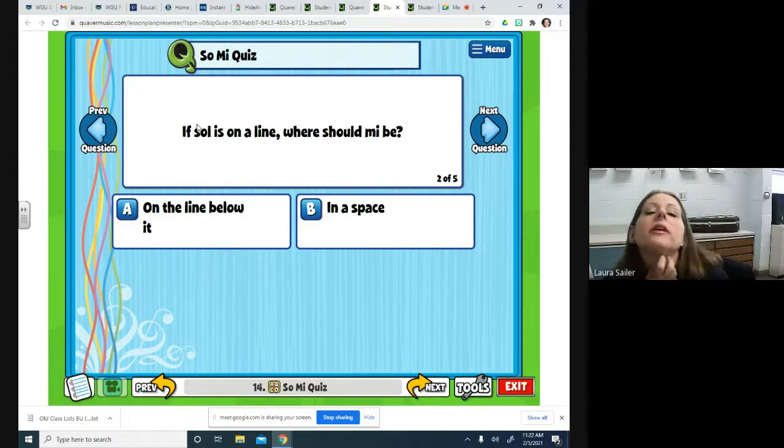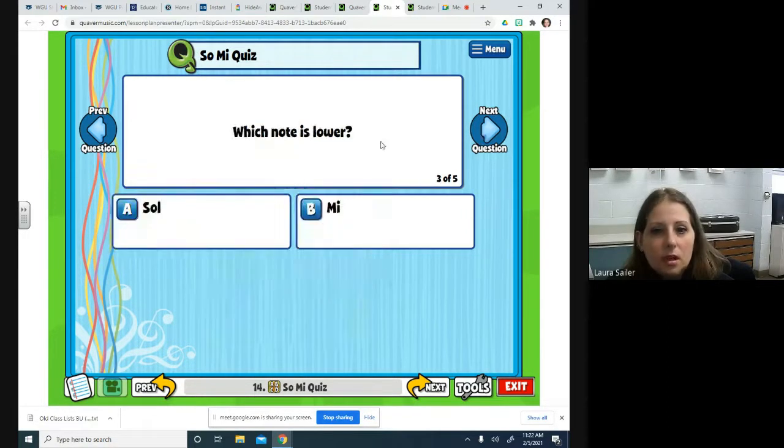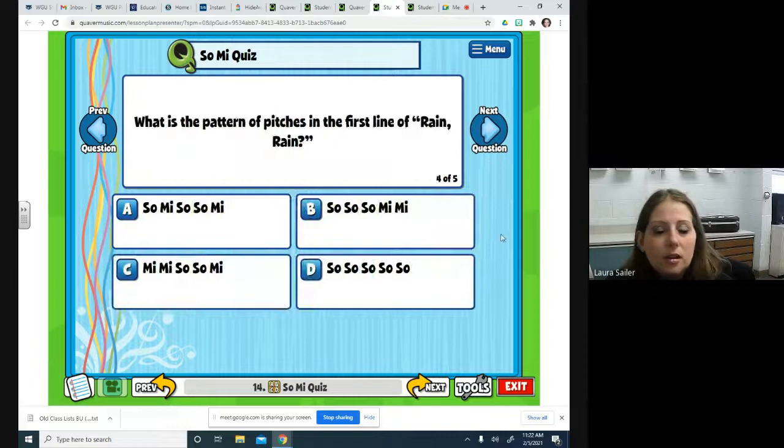Sol makes me feel like I'm gagging on something. But you can call it whichever one you want. They're both correct. If sol is on a line, where should mi be? On the line below it or in a space? Remember that relationship we showed on the staff. Which note is lower? So or mi?